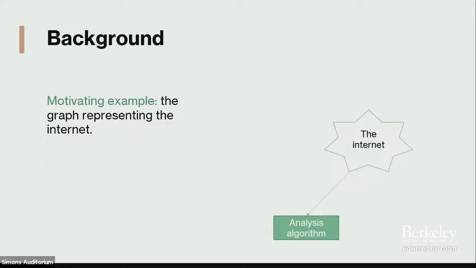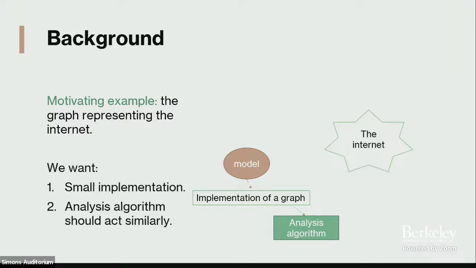What I really want is something which looks like the graph representing the internet for my purpose. And I would hope that this thing would be small, so that I would not have to store this huge graph. So what I want is a small implementation that, for the purpose of my analysis, looks like the graph representing the internet.